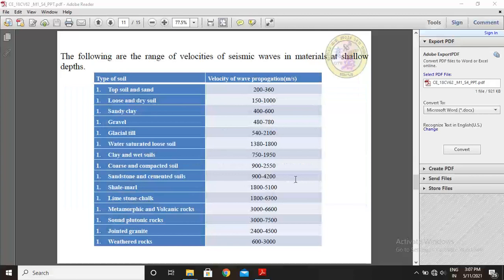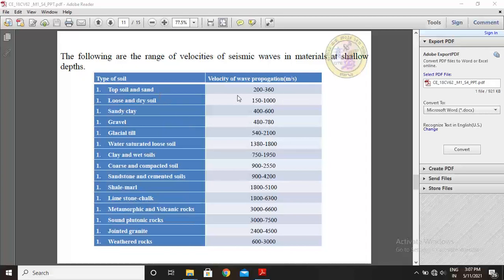The following are the ranges of velocities of seismic waves in materials at shallow depths. How waves are propagated with different types of soils. The first column is type of soil, the second column is velocity of wave propagation in meters per second.